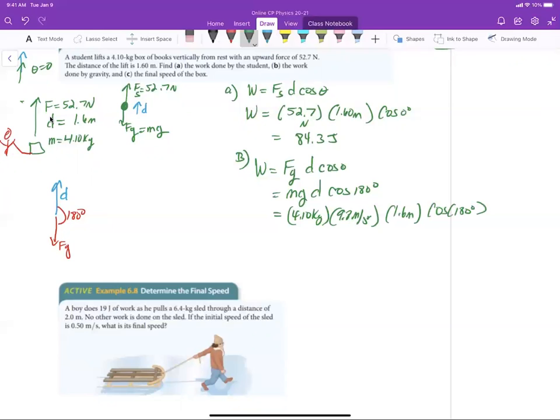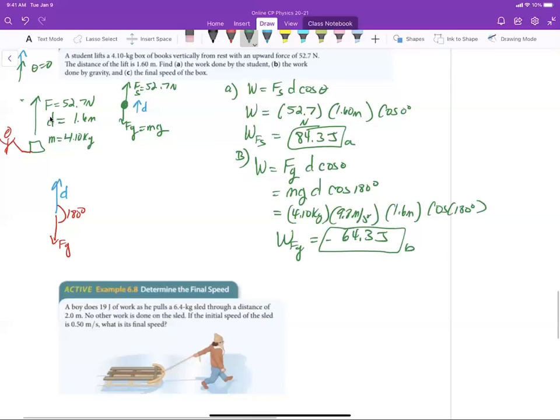Okay, 4.1 times 9.8 times 1.6 times cosine of 180, which is -1, gives me a negative 64.3 joules. So work done by force of gravity, work done by the force of the student. This is a positive, this is a negative.